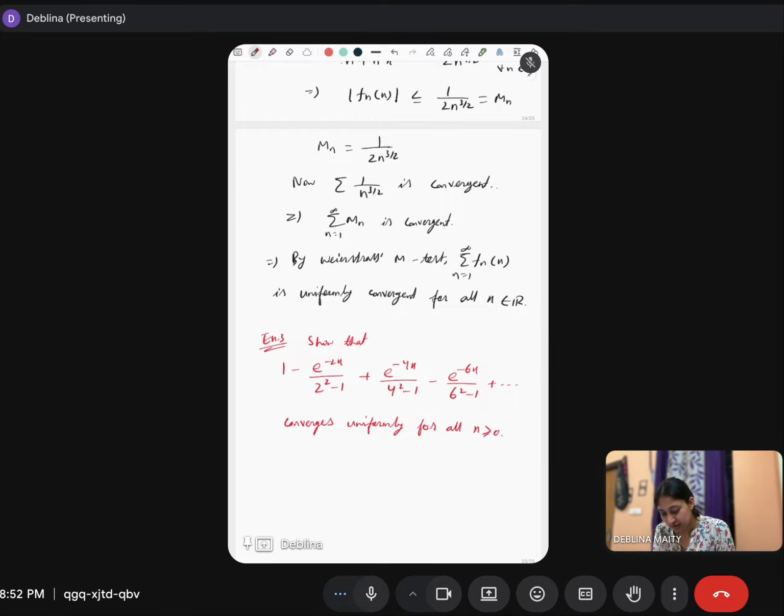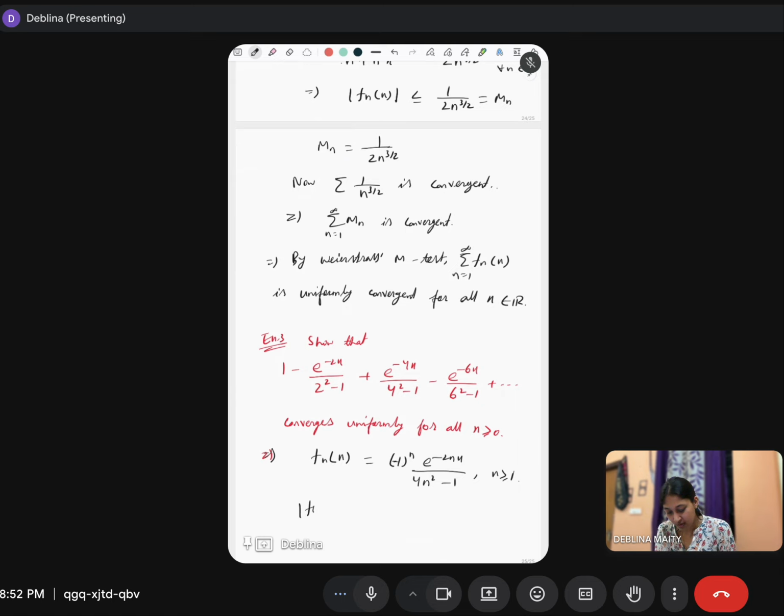Just choose. So here you will see that f_n(x) is what? f_n(x) is minus 1 to the power n e to the power minus 2nx by 4n square minus 1. Right? n greater than or equal to 1.